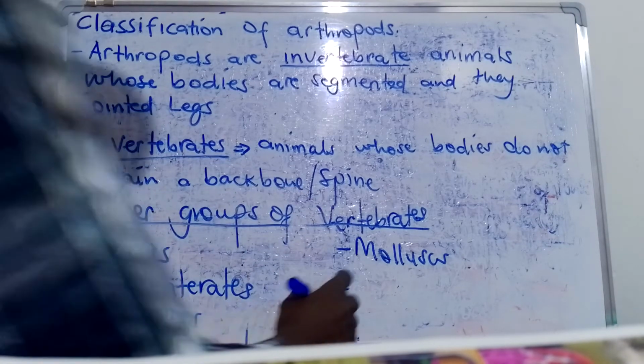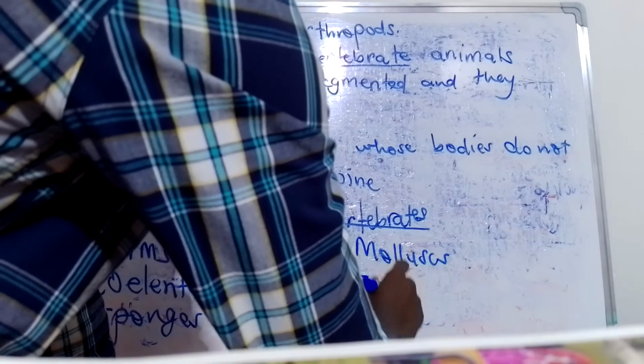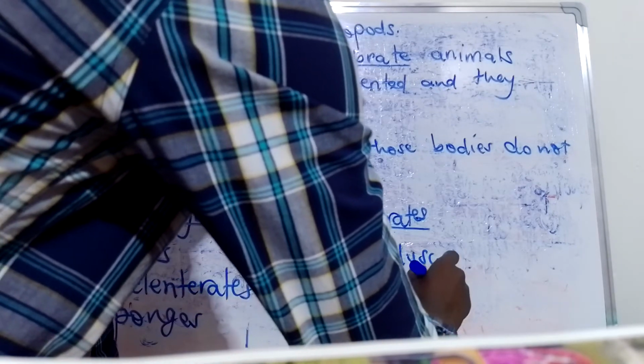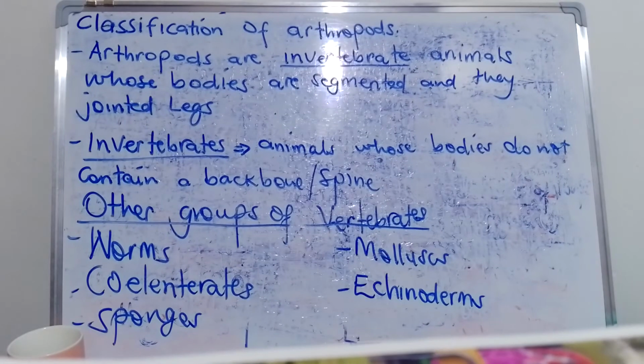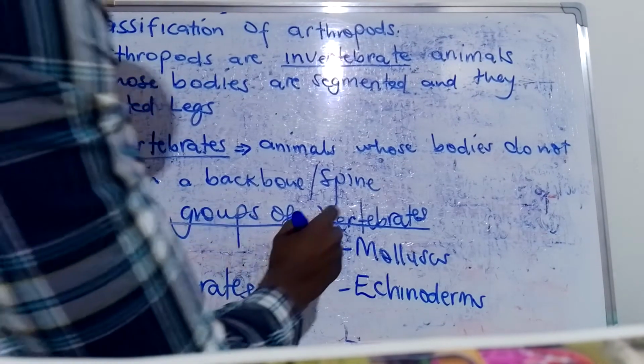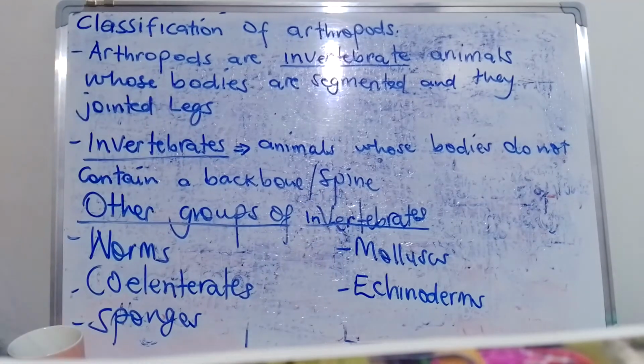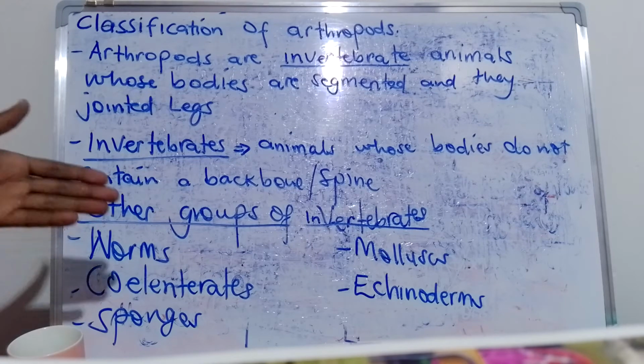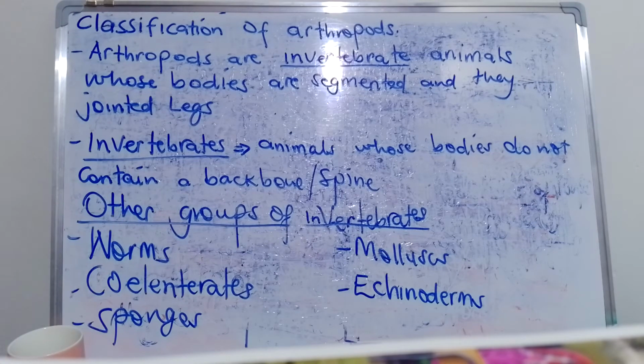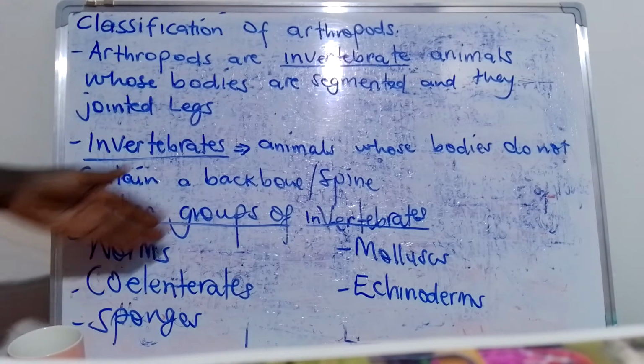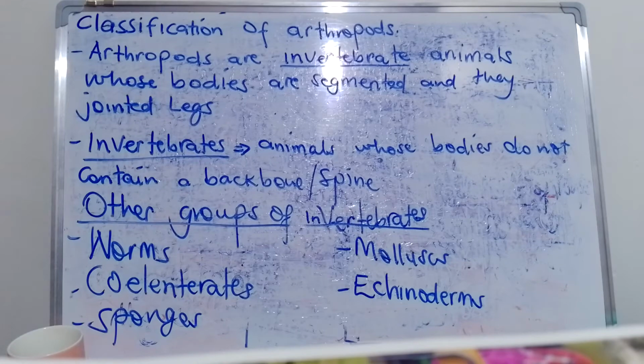Then we have echinoderms. These are the groups of invertebrates: worms, coelenterates, sponges, mollusks, echinoderms, and arthropods. For today's business, we are talking about arthropods. Tomorrow we shall talk about some other groups, one group at a time.